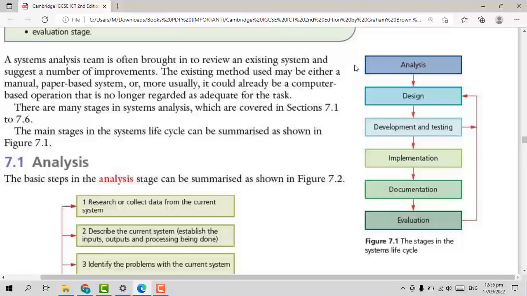The first stage is analysis. The next one is design. The third is development and testing. Next, implementation. Next, documentation. And the last one is evaluation. Let's go through each and every stage.